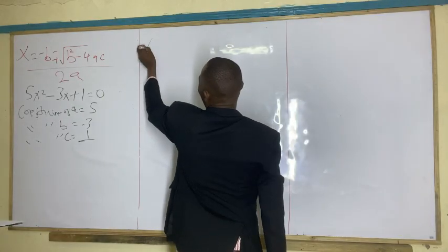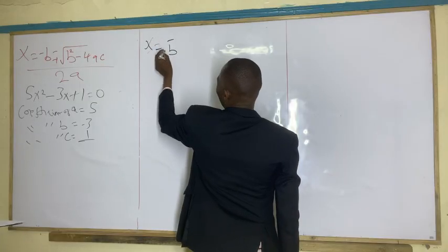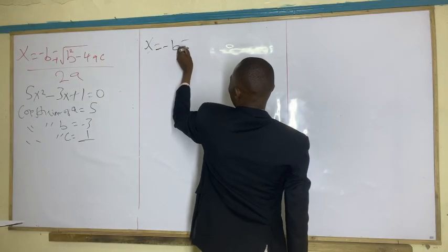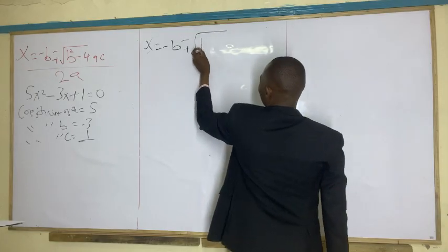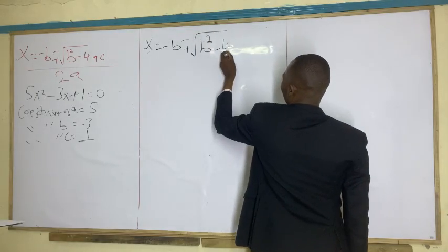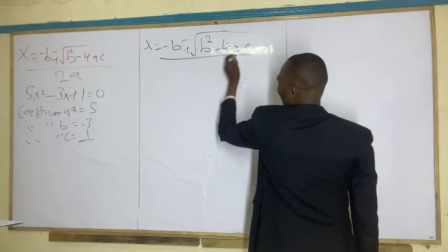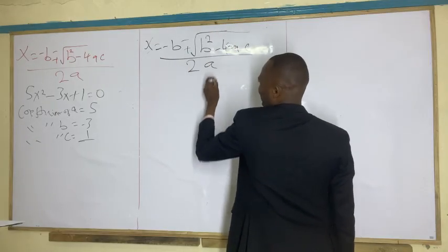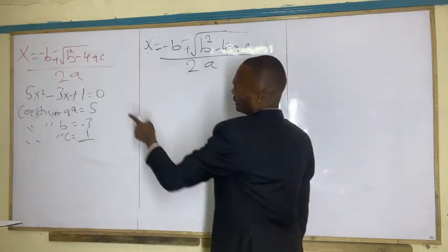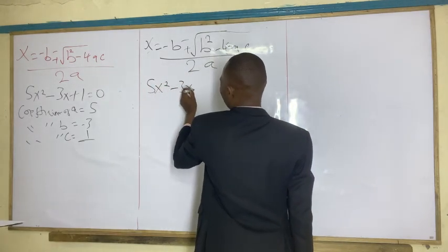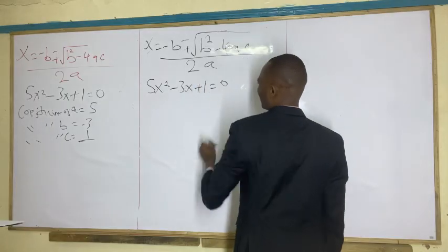We've said our formula is x equals negative B minus plus the square root of B squared minus 4AC, all over 2A. The equation we want to find the root of is 5x squared minus 3x plus 1 is equals to 0.